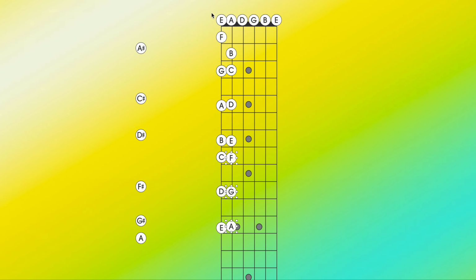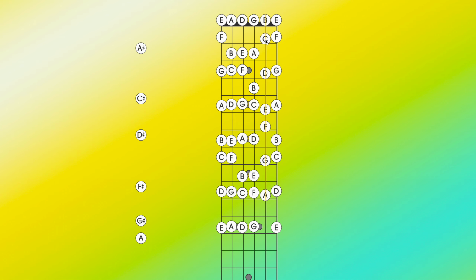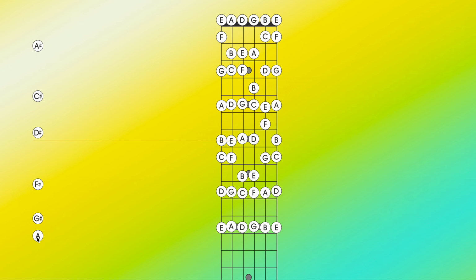You have G, A. I'll go ahead and copy everything from here over to here, and then starting on the D string, B, C, D, and then at the G string, start A, F and G, get the B string pretty easily here, and down to B. Okay, so we'll save these sharps in case we need them.